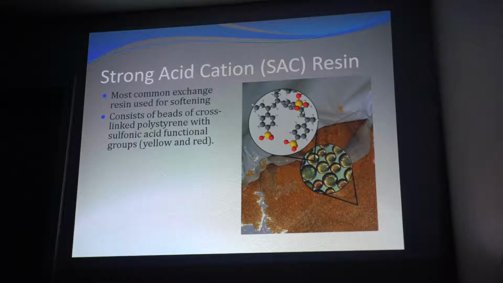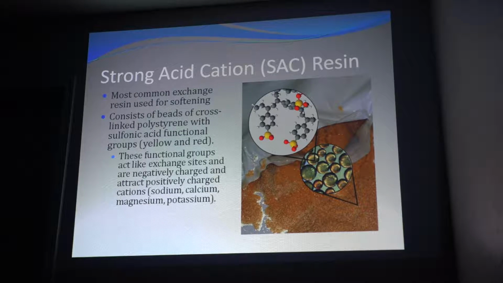With sulfonic acid functional groups, which really is just a chemically charged polystyrene bead. These functional groups act like exchange sites and are negatively charged and attract positively charged cations: sodium, calcium, magnesium, and potassium. It's kind of like a magnet.